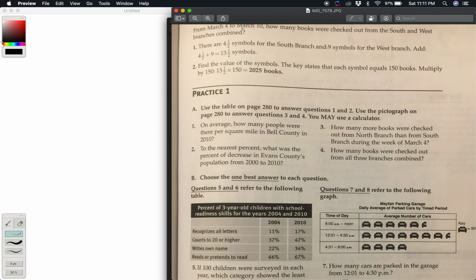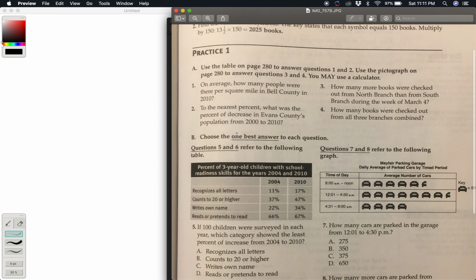From March 4th to March 10th, how many books were checked out from the South and West branches? Actually, this is part of the examples from the previous page, so I'm not going to go over that. This is where the practice actually starts.